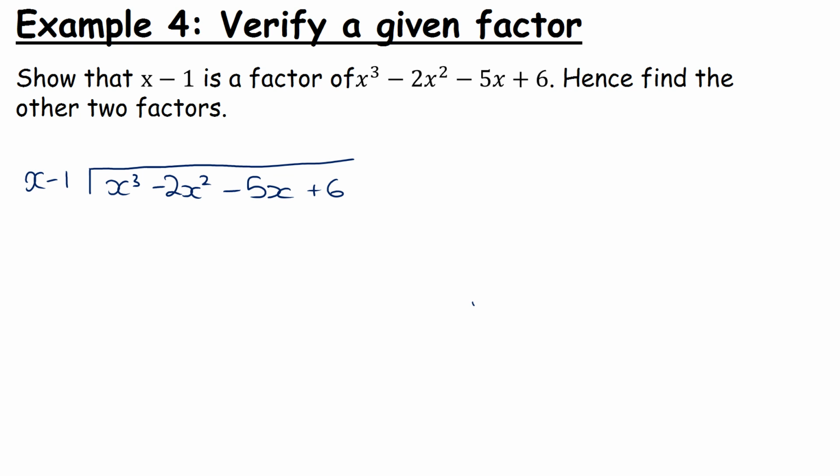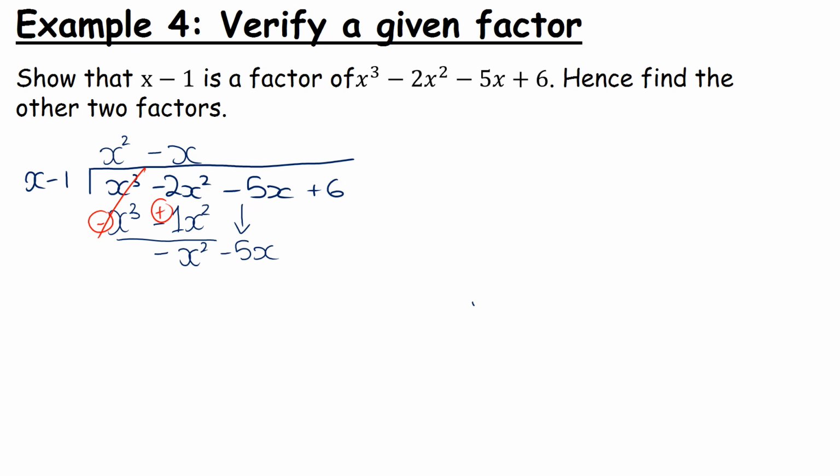So x divides into x cubed x squared times, so we're left with x cubed minus 1x squared, and then I change my signs, I do my subtraction, so this is minus x squared, and we bring down minus 5x. So now my division, x divides into minus x squared minus x times.